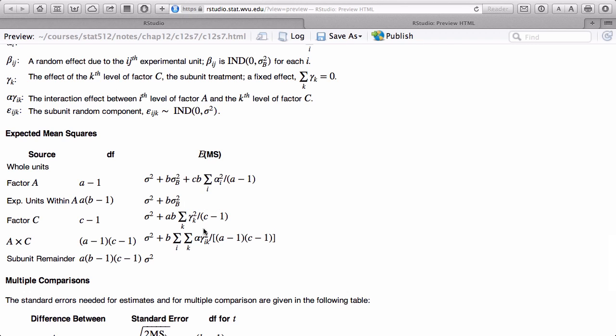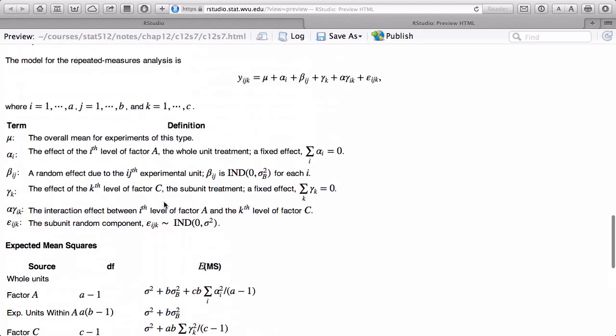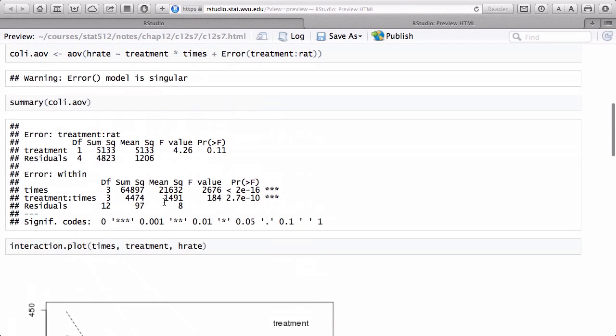So these are the expected mean squares, and you can see that both the factor C and the AC are going to be tested by the residual, and the factor A would be tested by the experimental units within A. And so that's what we did up here.